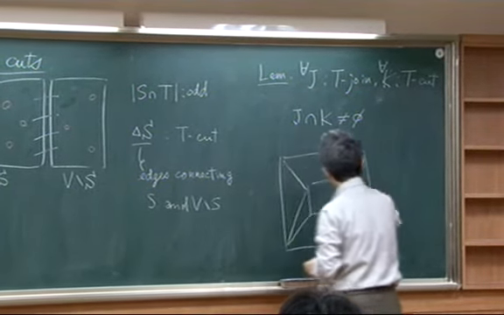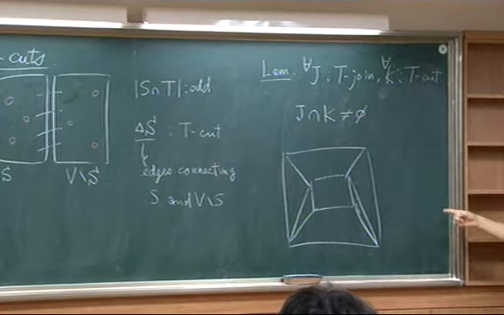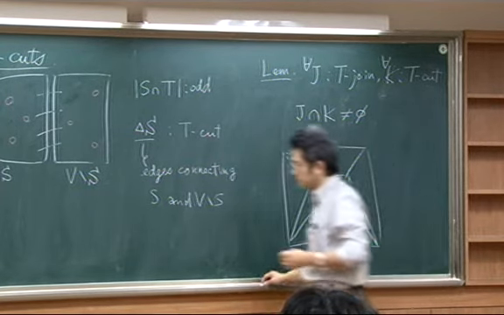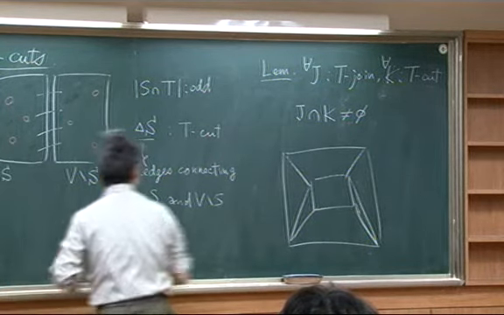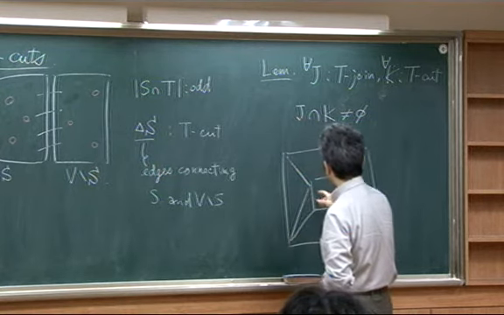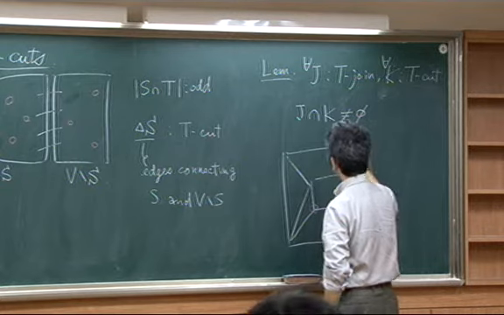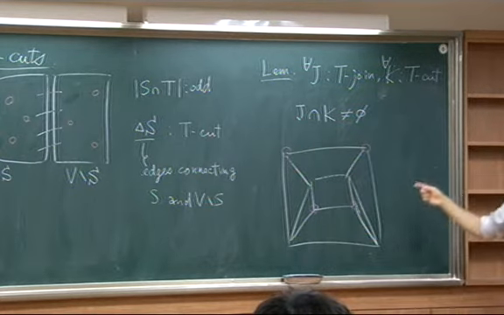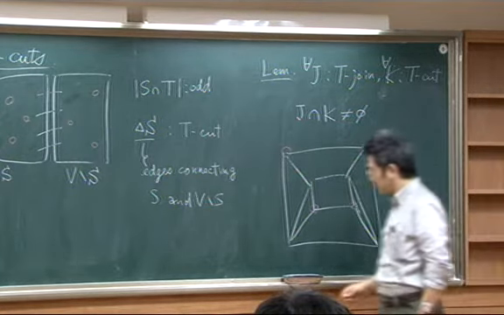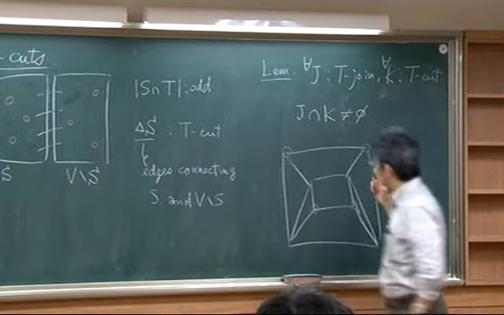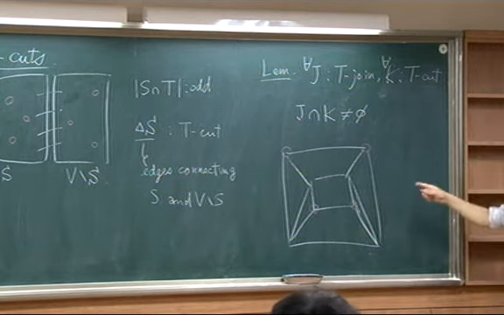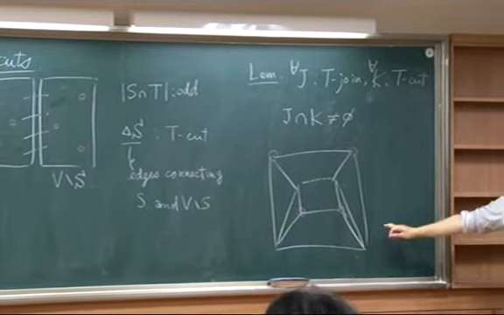okay, this is not Eulerian, because we have these points with odd degree. Therefore this is not Eulerian. But then we can think of a minimum length T-join in this graph.